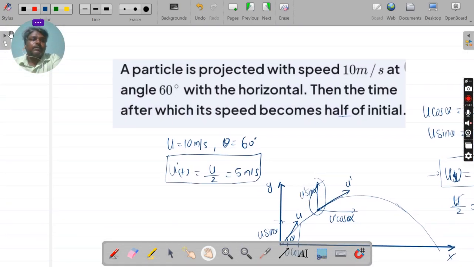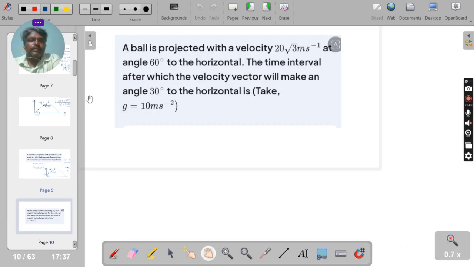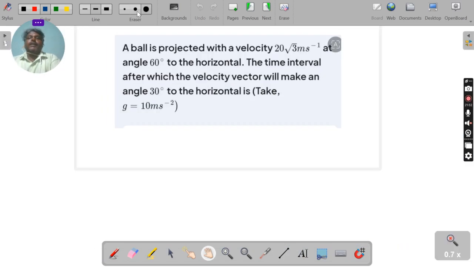Let us solve another sample problem. The ball is projected with an initial projected velocity of 20 root 3 meters per second, at an initial angle of 60 degrees to the horizontal.